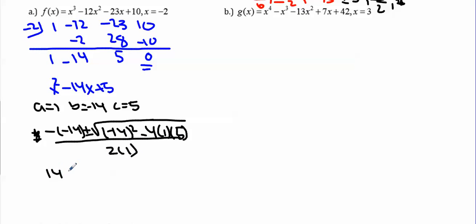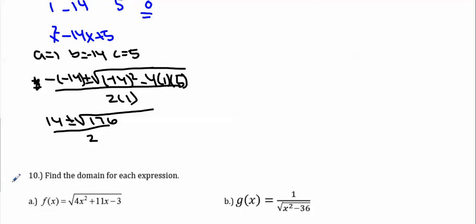So when we simplify, I have 14 plus or minus the square root of 14 squared minus 20. That will give you 176 all over 2. You can simplify the square root of 176. That is 16 times 11. Oh no, I'm running out of room.